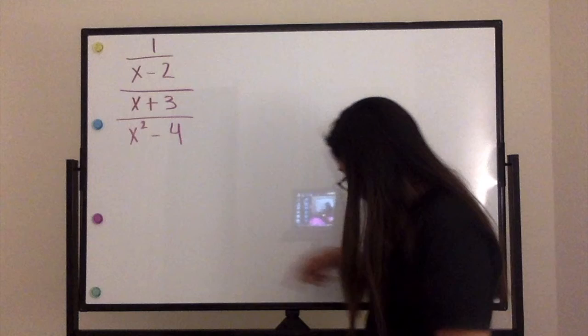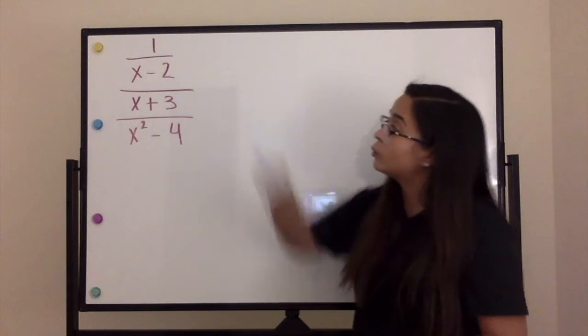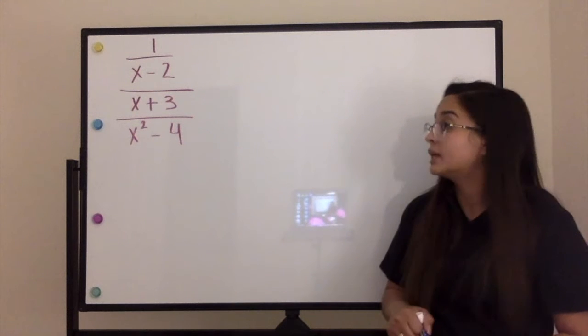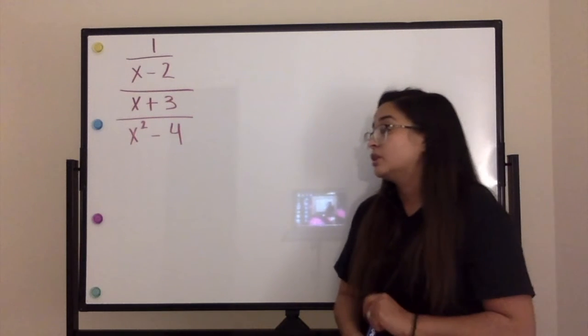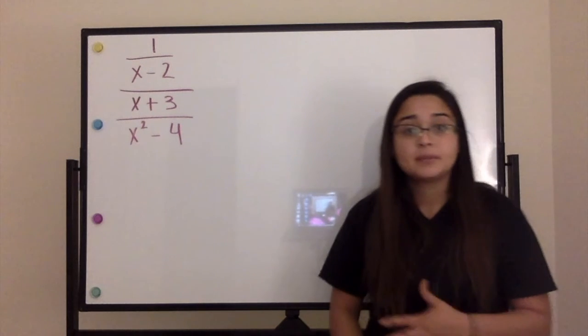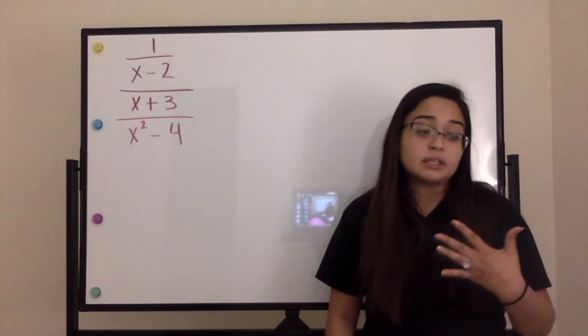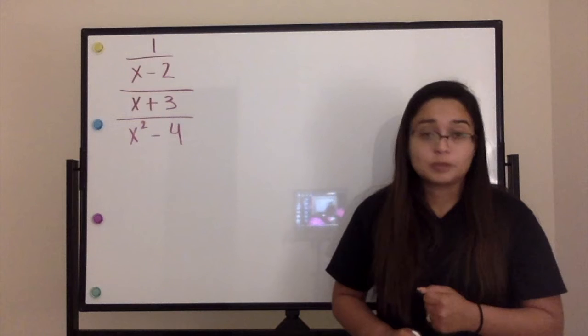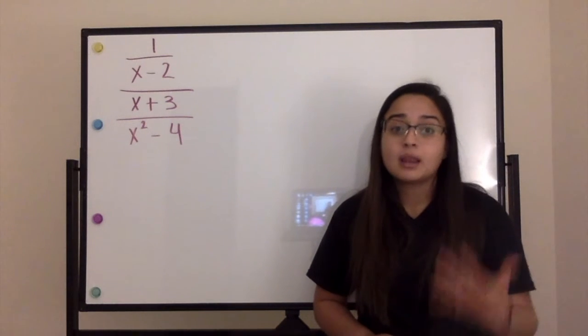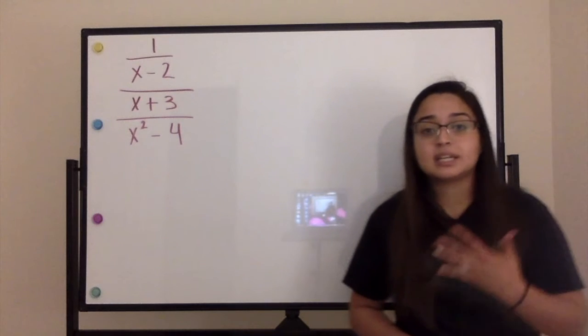So here we have 1 over x minus 2 divided by x plus 3 over x squared minus 4. That is what our problem was written on the worksheet. That's how it looks. So now let's write it as something that we've seen before.